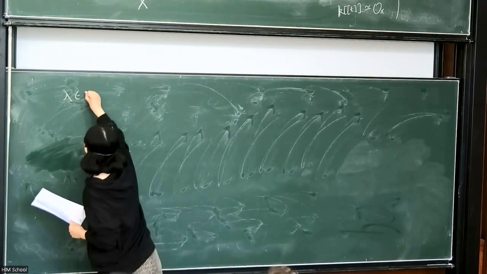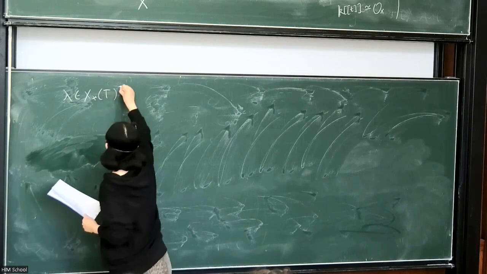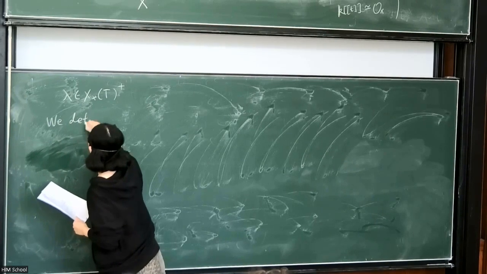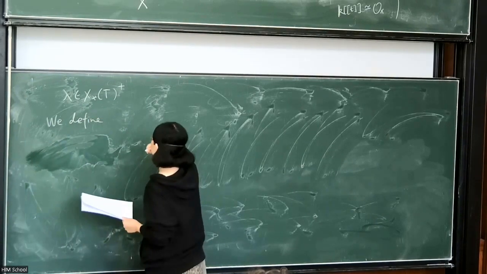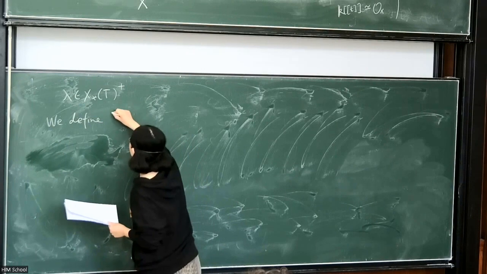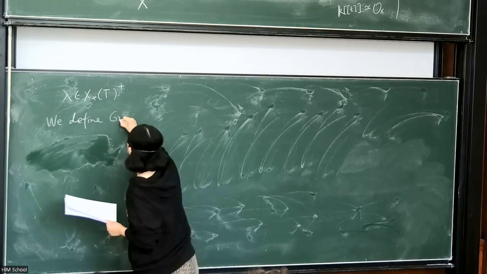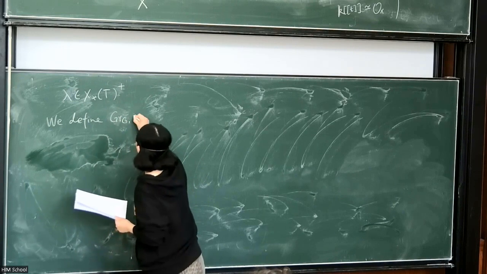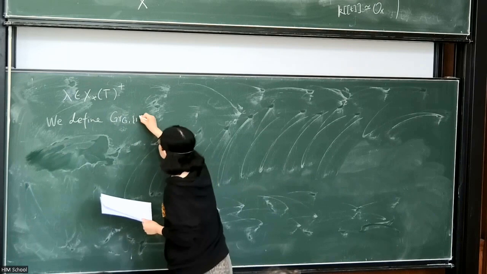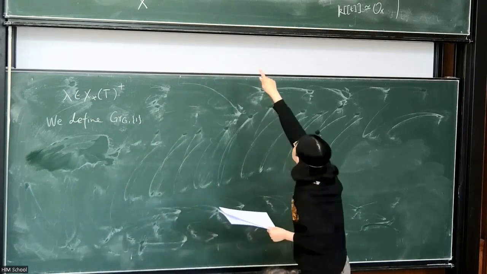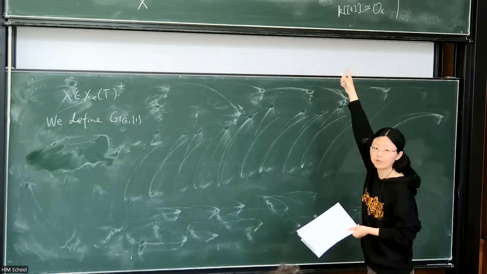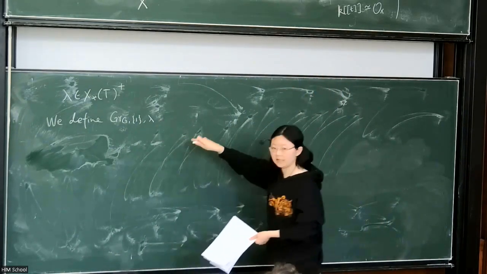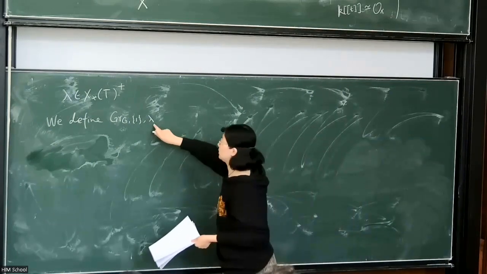And now let lambda be a dominant coweight always. We define, first we define, so when I is a singleton, in this case, we see that the fiber is just one copy of the affine Grassmannian. So we define this to be that each fiber is in this orbit.